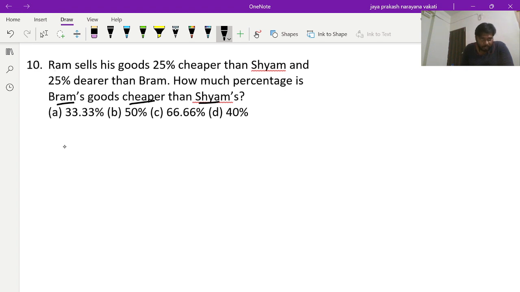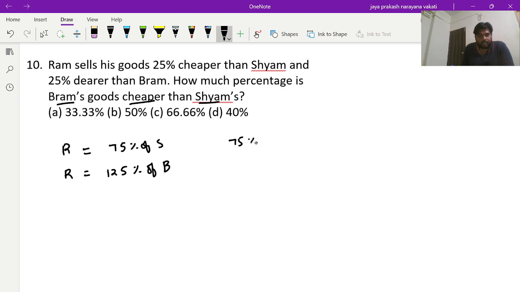Let's say Ram sells his goods 25% cheaper than Sham. Can I say that 25% cheaper means Ram is selling at 75% of Sham's price? That's it. Similarly, Ram is selling 25% dearer than Brahm, which means Ram is selling at 100% plus 25, 125% of Brahm. They both are the same, right?